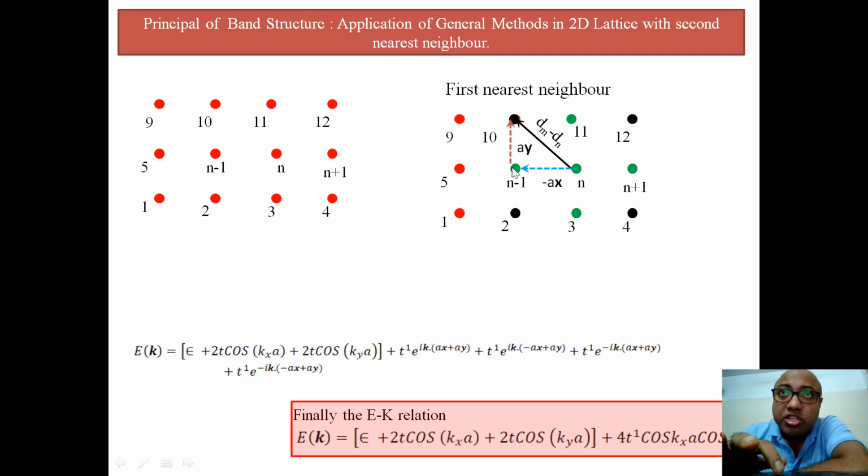This is the positive y direction, and this is the minus x direction. So dm minus dn is minus a x plus a y. This is simple vector addition. So what is my contribution over here?